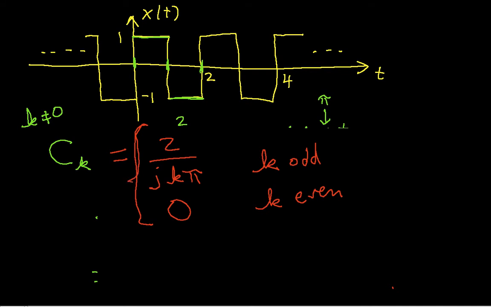Okay, actually we should have a curly brace here. So what this tells us is that our c sub k's are completely imaginary. They have no real component. They have only imaginary components. If the c sub k's are imaginary, then that means that we must have an odd function. And in fact, if you look at this waveform, it is an odd function. X of t is odd. So that makes sense.